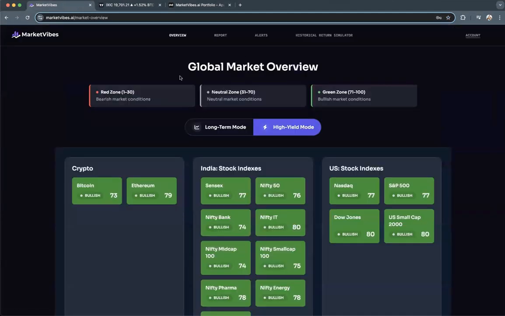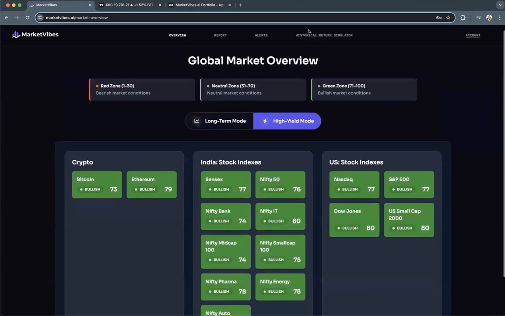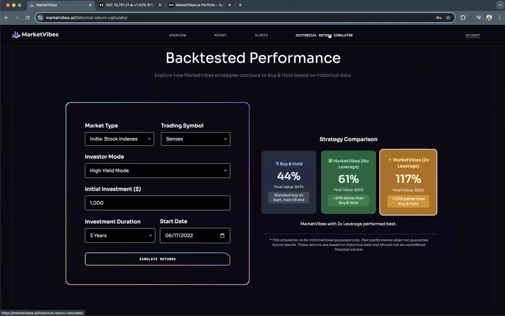And this is why I love the overview page, right? You're also given a historical return simulator. So I can select Sensex, invested for 3 years, $1,000, which gets converted into rupees if you're in India and so forth. And if you click on simulate, it shows, okay, 84% would have been the return in the historical performance using the software itself.